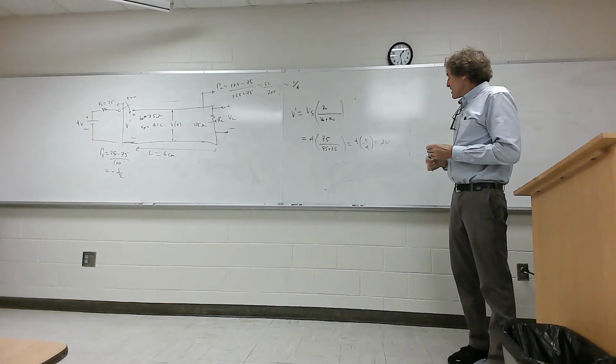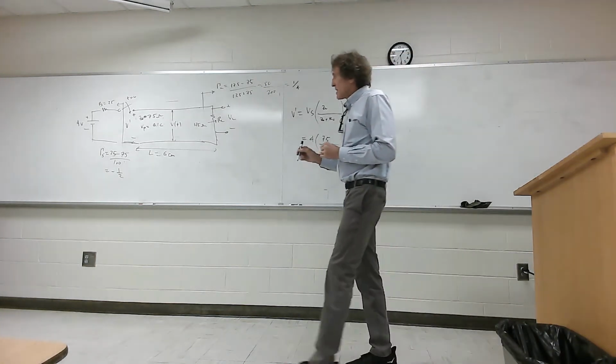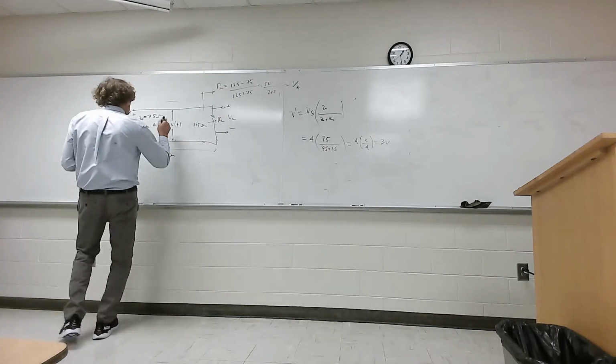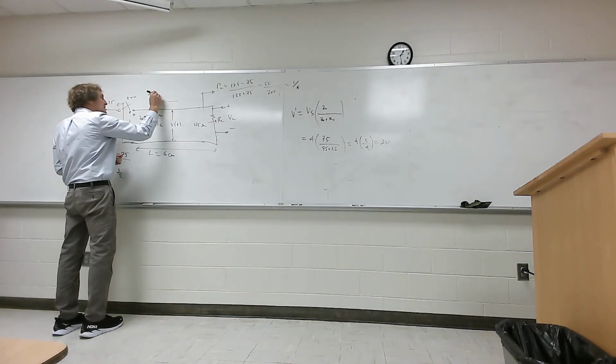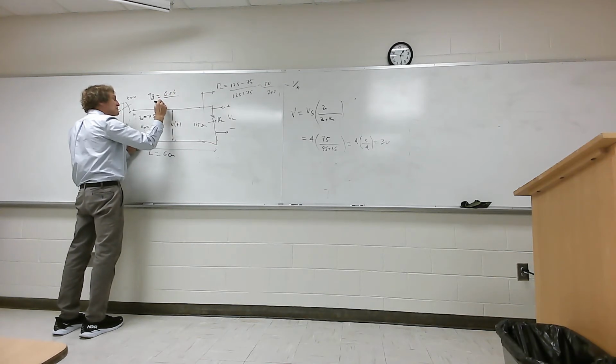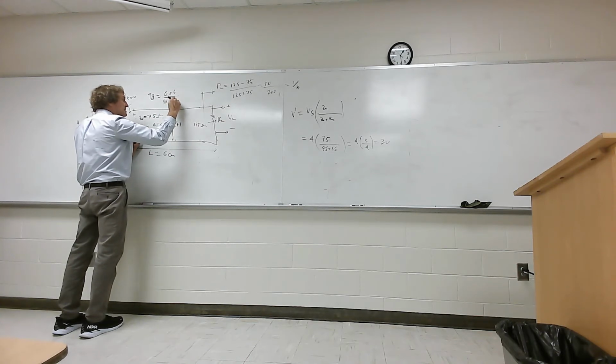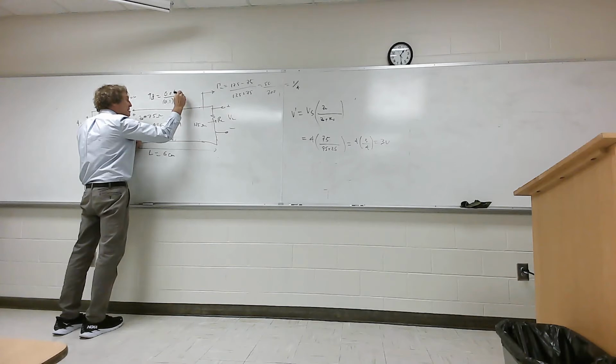Okay. Now, if we have that as 3 volts, we've got the reflection coefficient. We still need this time. What's the delay time? Class? That's the length of the line, 6 centimeters, over the velocity, which is what? 0.1 times 3 times 10 to the 8.